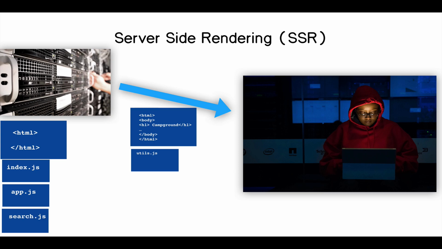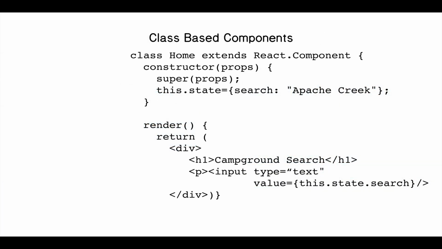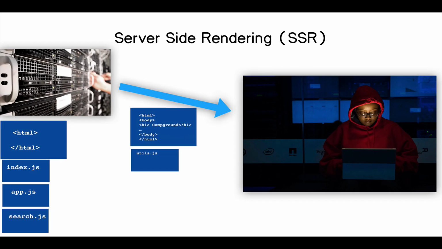So it gets more complete HTML code than it would with client-side rendering. Again, this distinction depends on where this JavaScript code is executing. Is the bulk of it executing on the server side, or is it all executing on the client side? So that is server-side rendering.